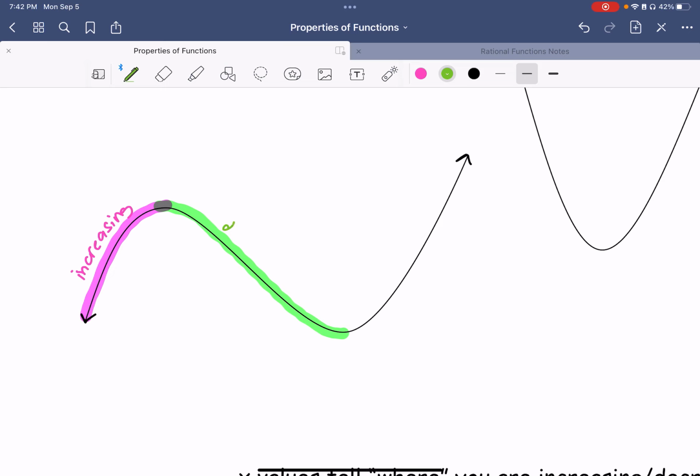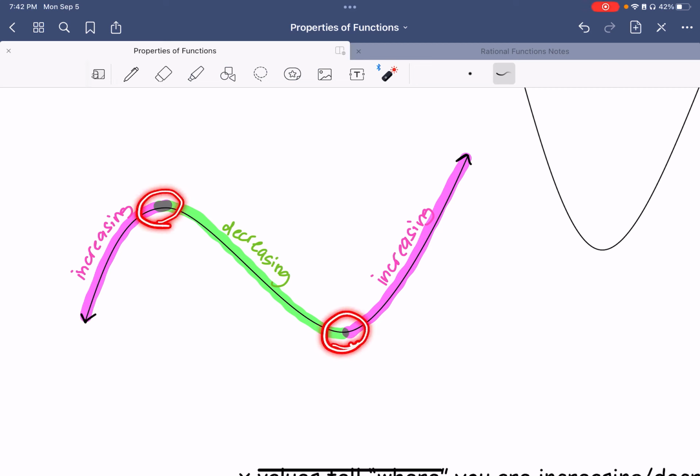So this is where it's decreasing. And then it starts to go back up after, and it changes to increasing again. Okay, now notice that when there's a change in direction, there's a little overlap in color right there. So where it changes from increasing to decreasing or decreasing to increasing, that is where you're going to have extrema, okay? So these 2 points right here will be a type of extrema.